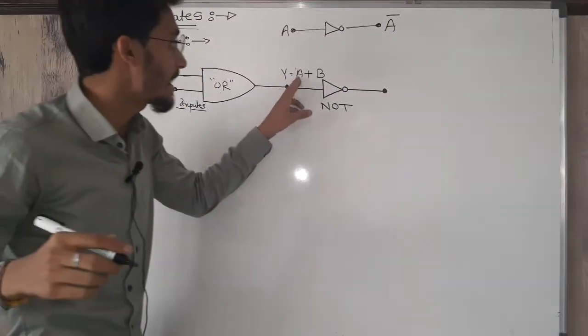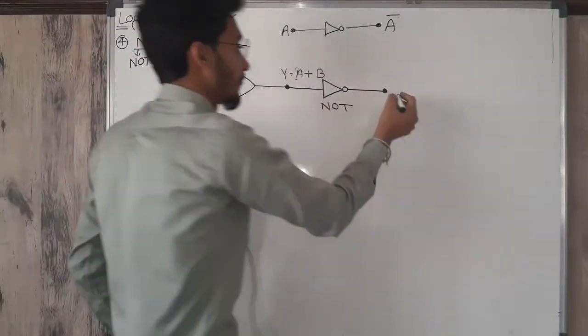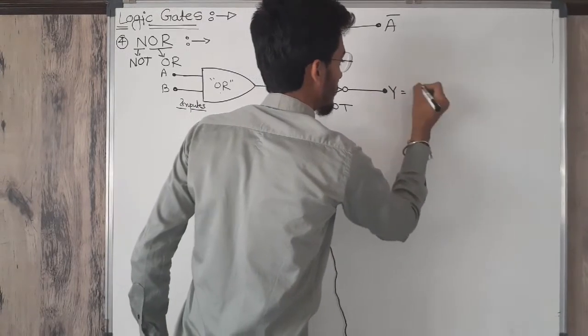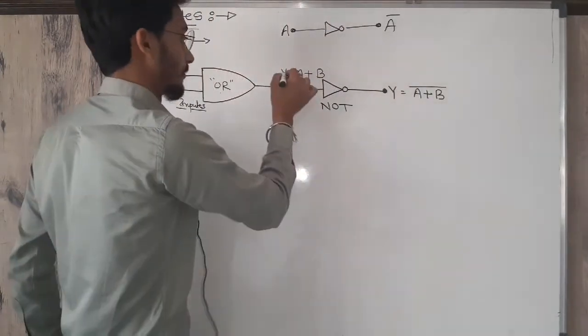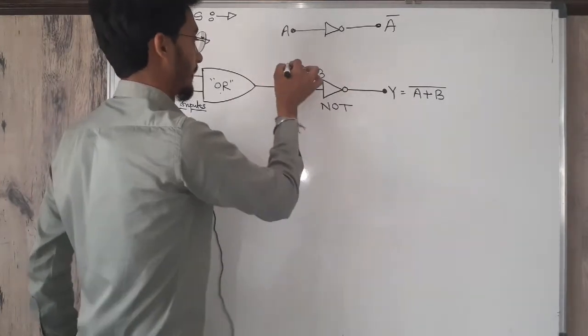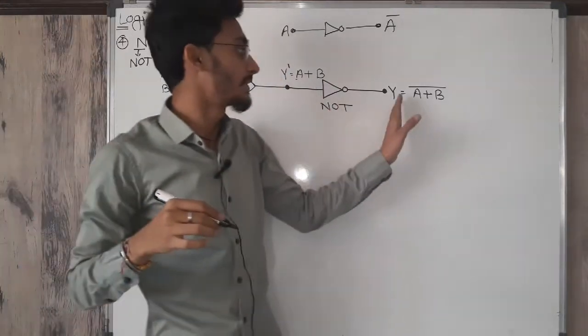So A plus B is the input for the NOT gate, and we get the final output, A plus B bar. Okay, so Y dash is the output for the OR gate, and the final output is Y.